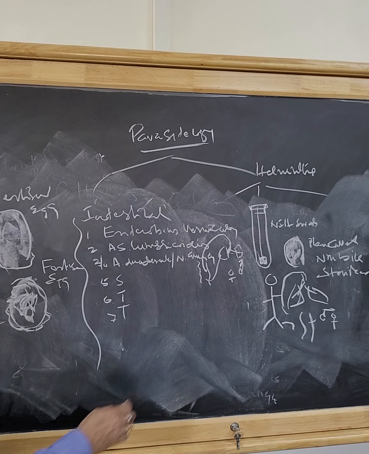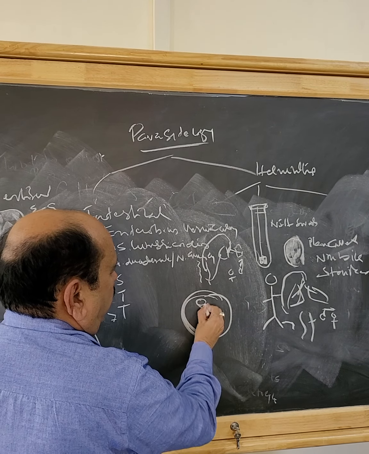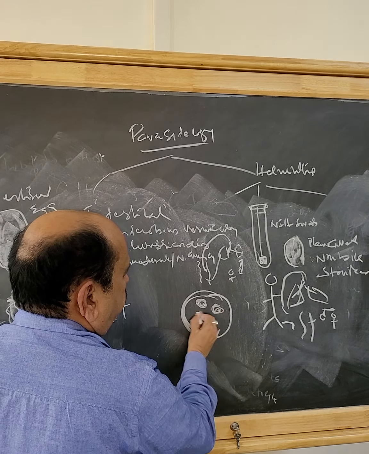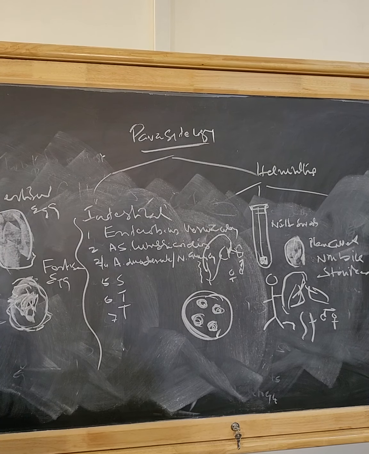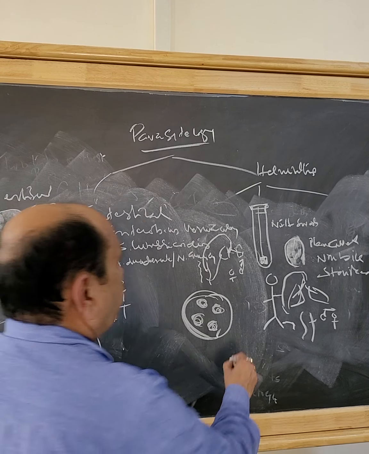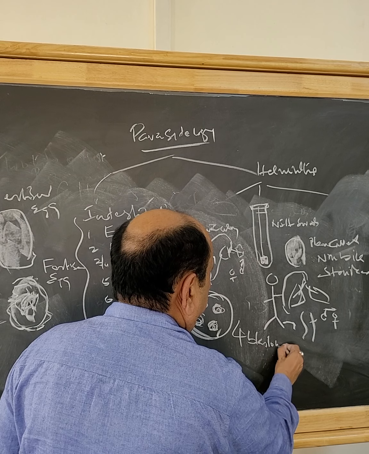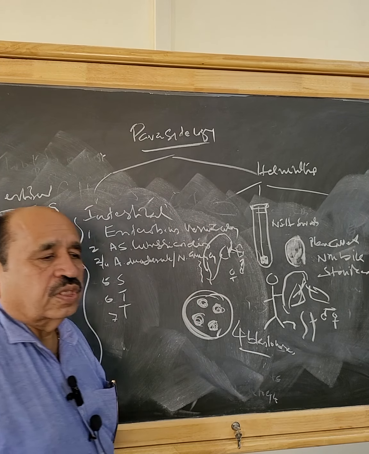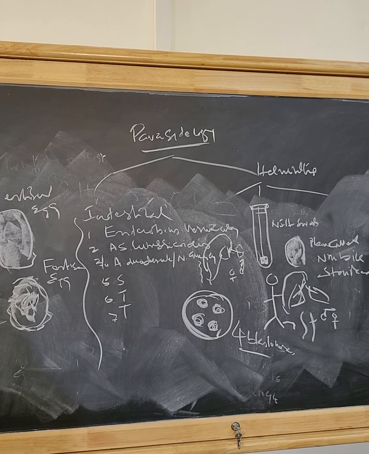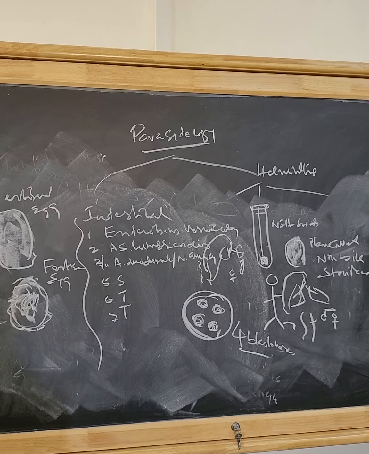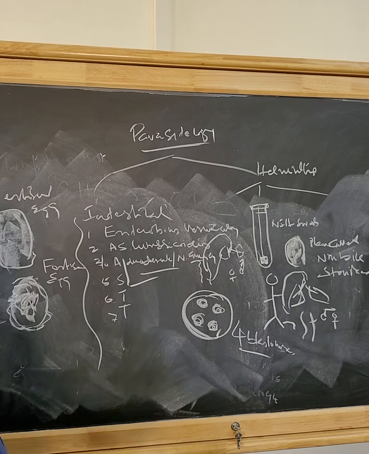The eggs are non-bile stained, with 4 blastomeres.